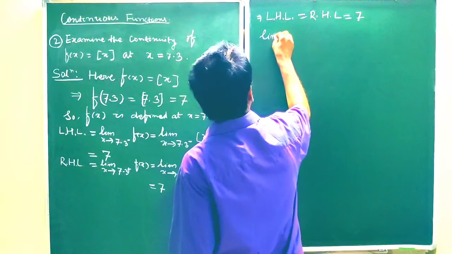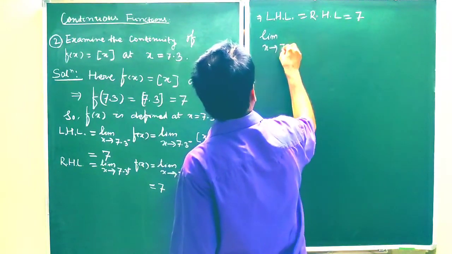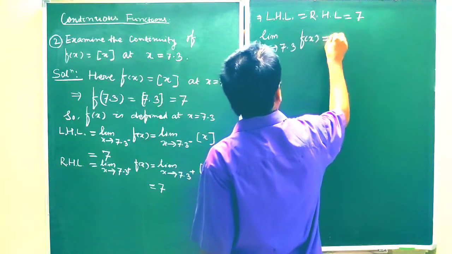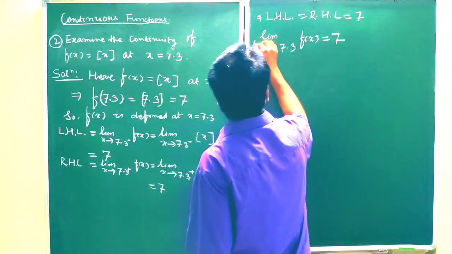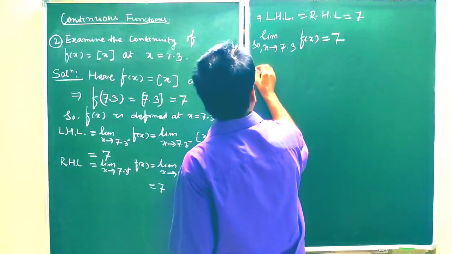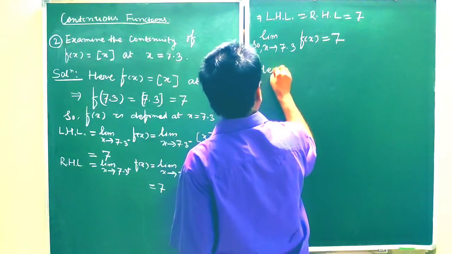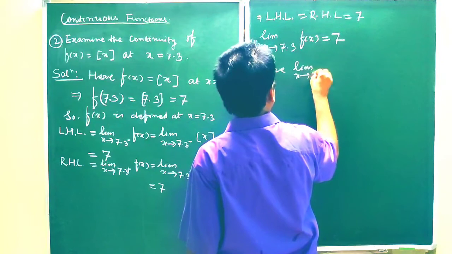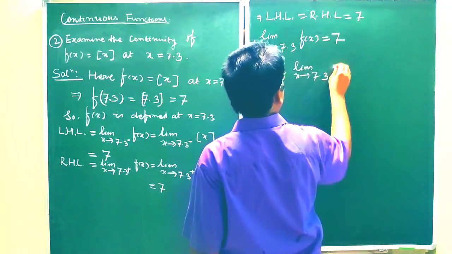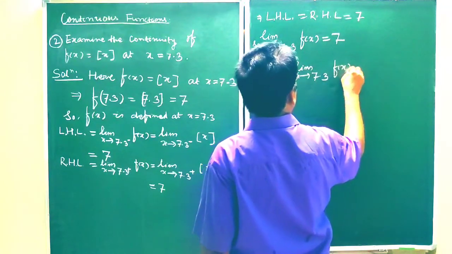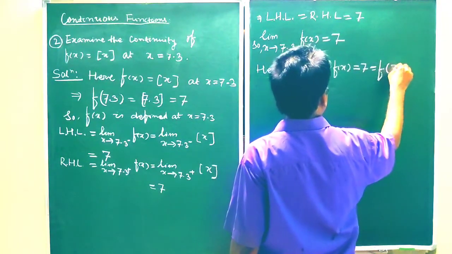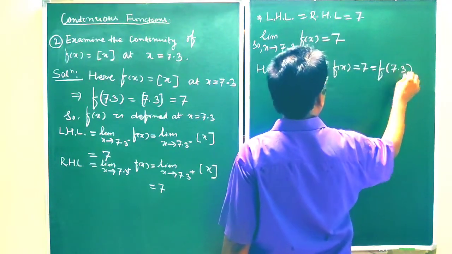That is limit x tending to 7.3 f(x) is equal to 7. Here limit x tending to 7.3 f(x) is equal to 7 is equal to f(7.3).